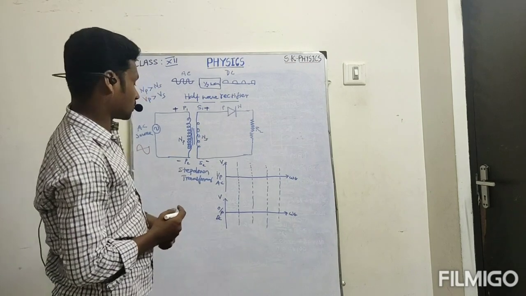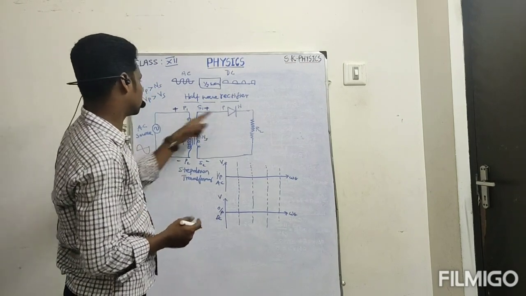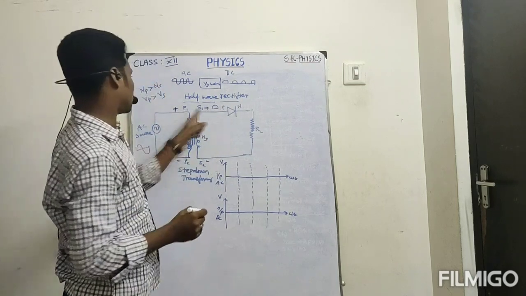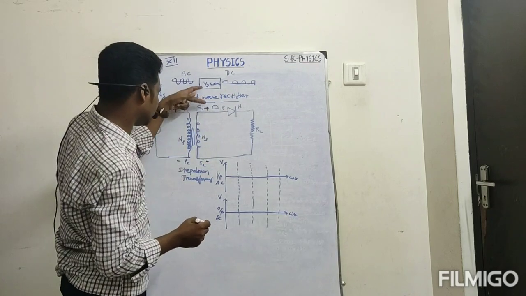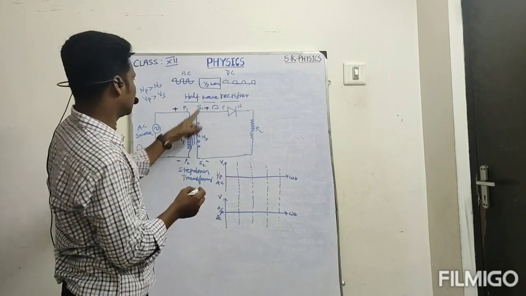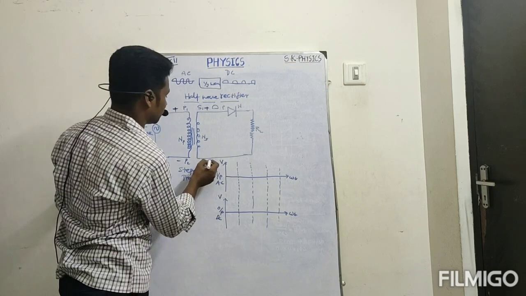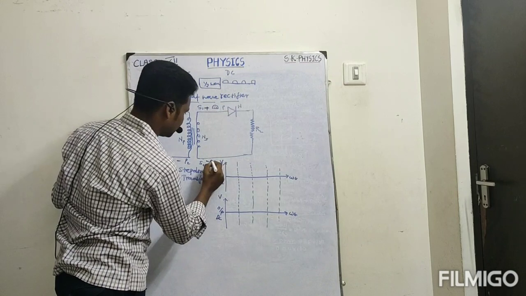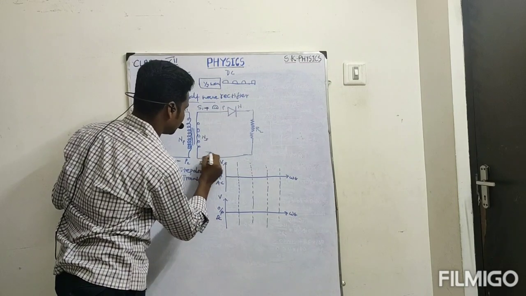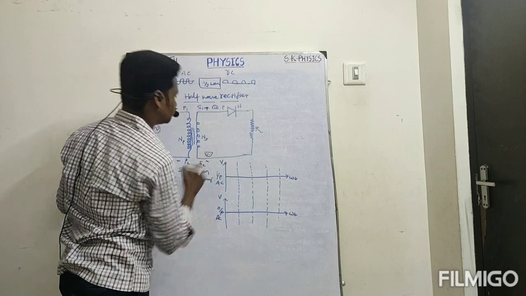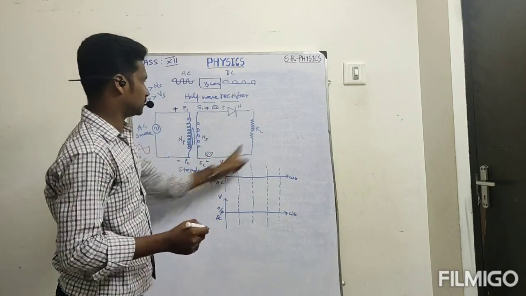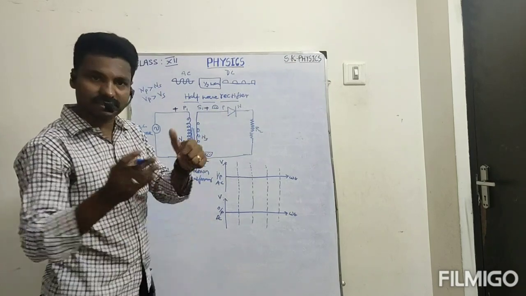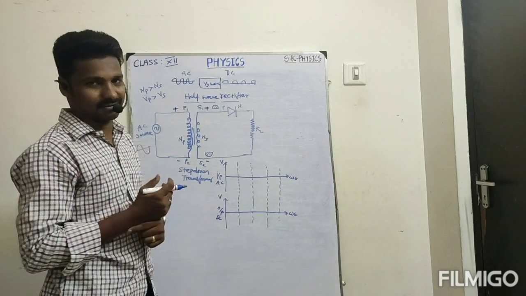Please listen students, now we can pass the forward bias, I mean positive cycle current. When here is AC positive, here is negative. This is the positive cycle, and at the same time here the negative cycle. So positive to positive, negative to negative, it is acting as forward bias.